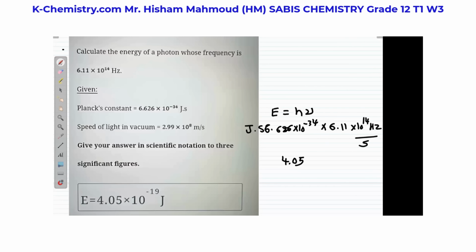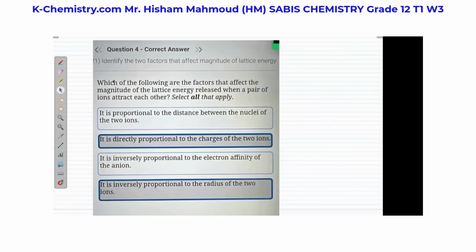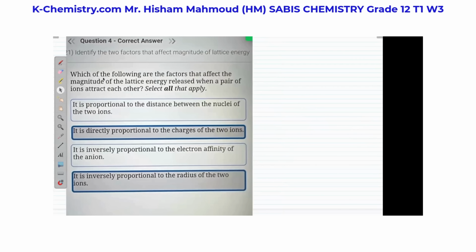Which of the following are the factors that affect the magnitude of the lattice energy? Last time we explained the relationship. We said it is directly proportional to the charges, the charge of the first one and the second one multiplied by each other, and inversely proportional to the radius of the two ions.